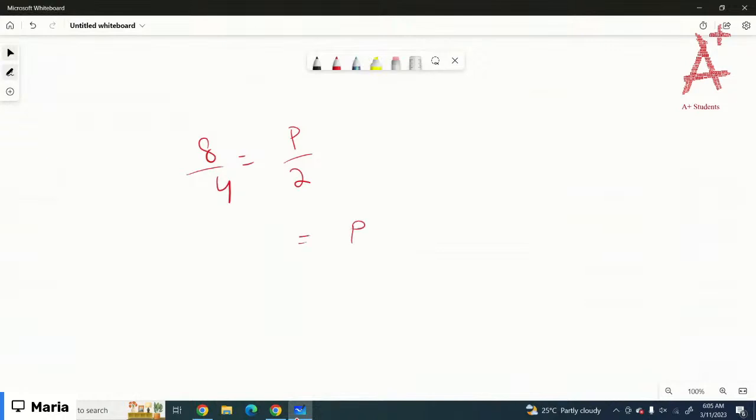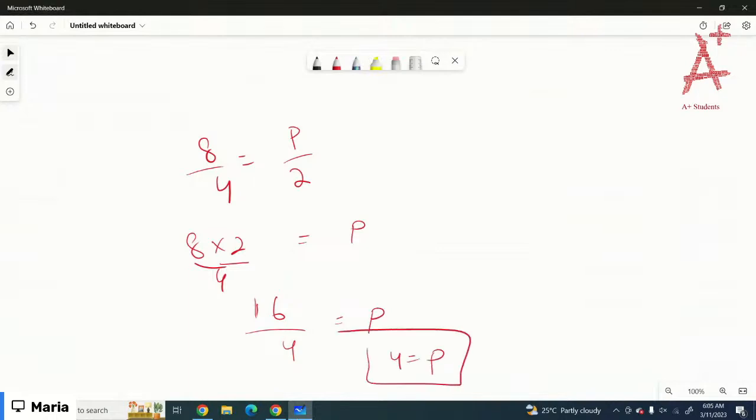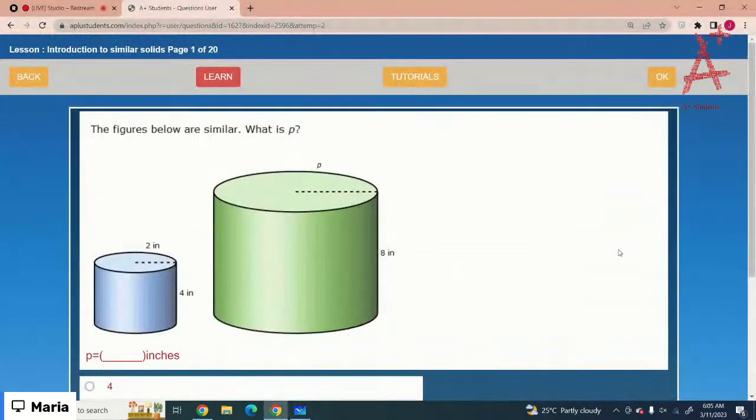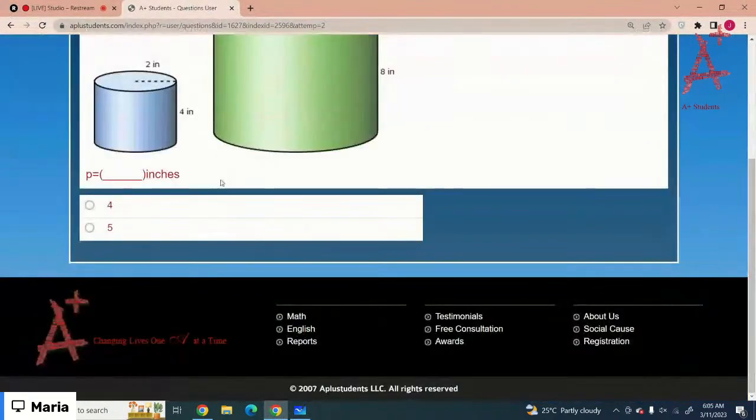It will be P equals 8 times 2 over 4. So 8 times 2 is 16. It is 16 over 4. So 16 over 4 is 4. That means P equals 4. Got it? So just form the proportion of the corresponding sides and find the missing side length. So the correct option is 4.